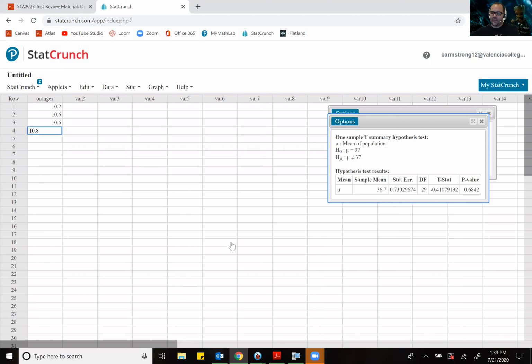Our p-value is 0.6842. Our alpha is still the same. So again, we're asking is 0.6842 less than or equal to, or greater than 0.05. Again, it's still greater than, so we're going to fail to reject. So that's 24, part B.